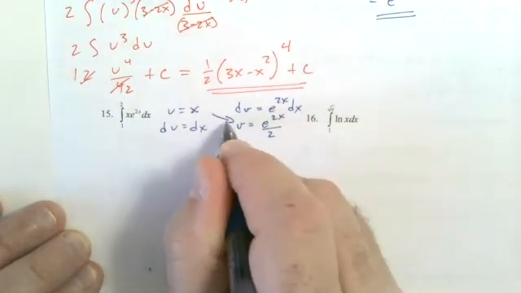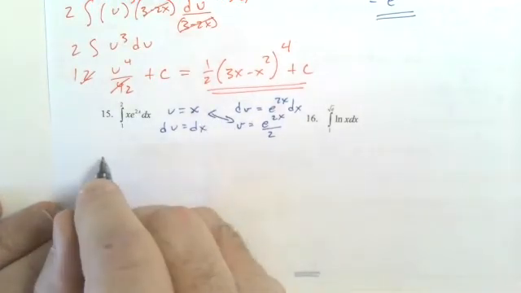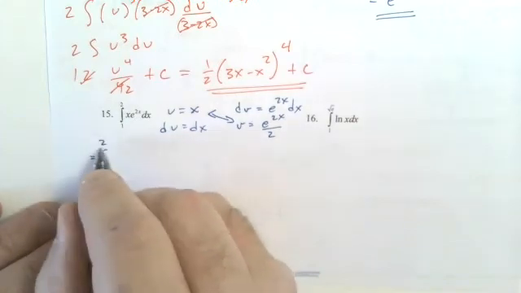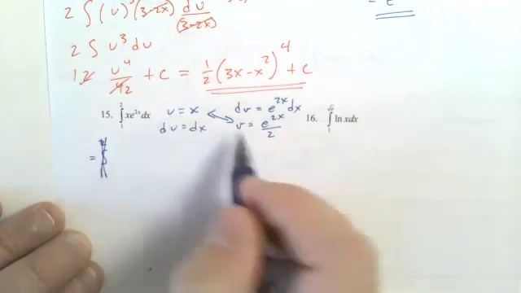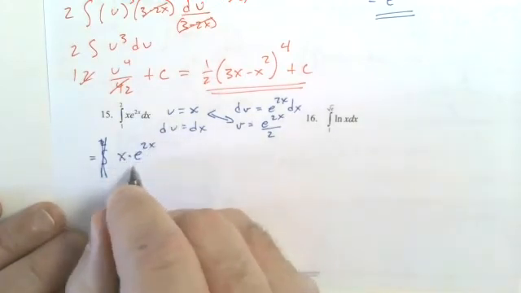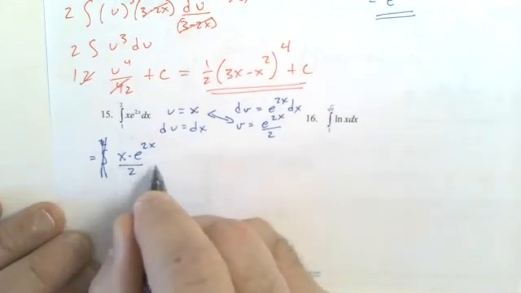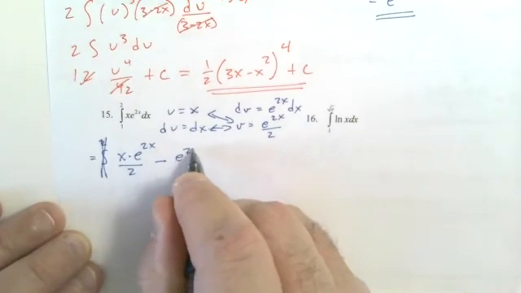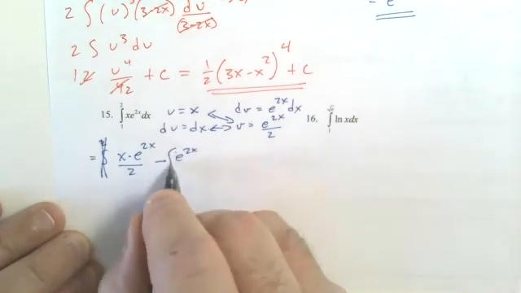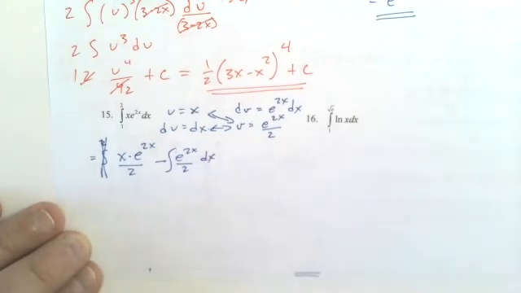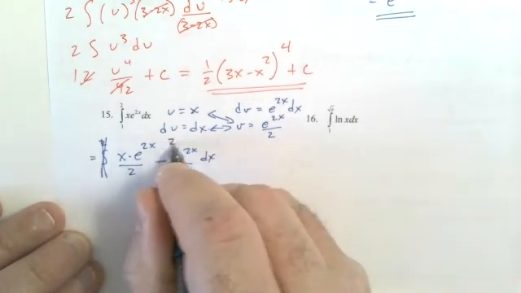All right, these two first. We're not substituting anything, so we just leave this. Oh, we're actually doing the first part. X e to the 2x over 2 minus e to the 2x integral over 2 dx, 1 to 2.